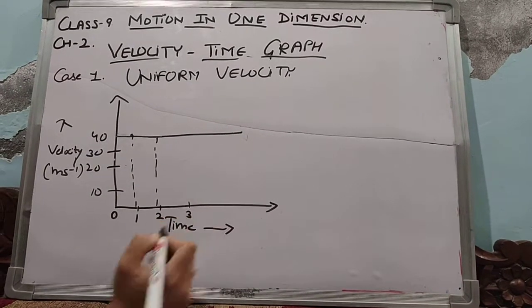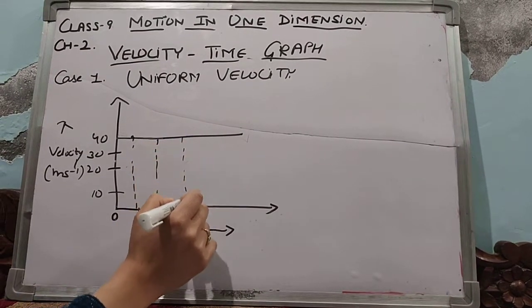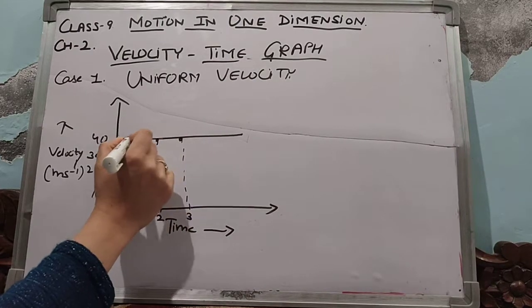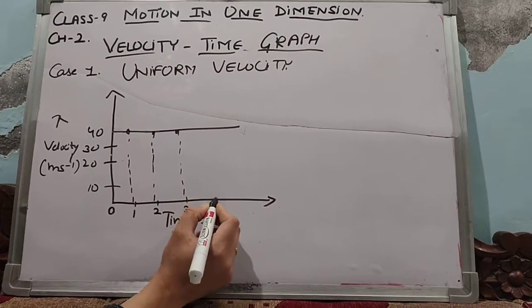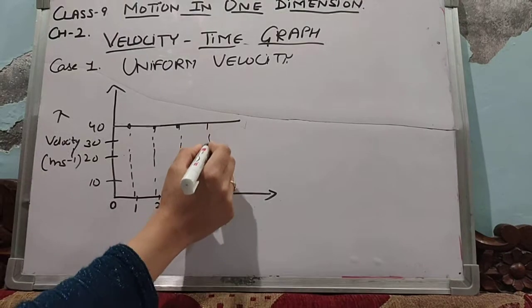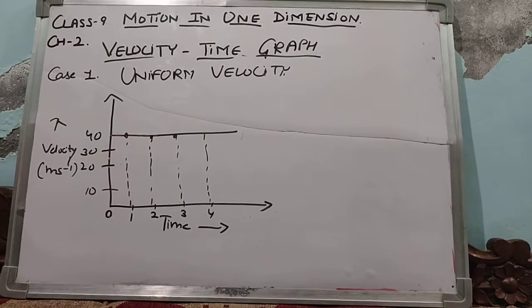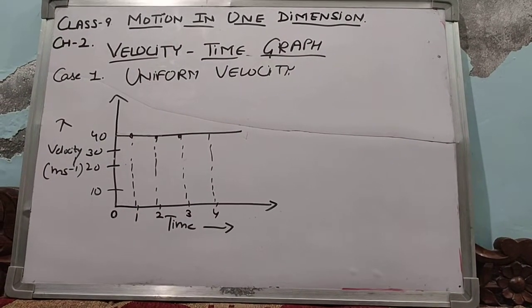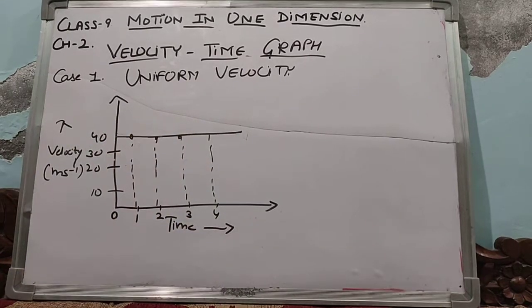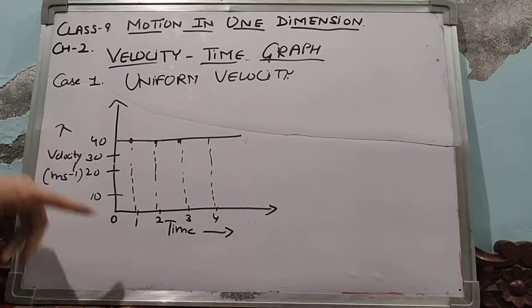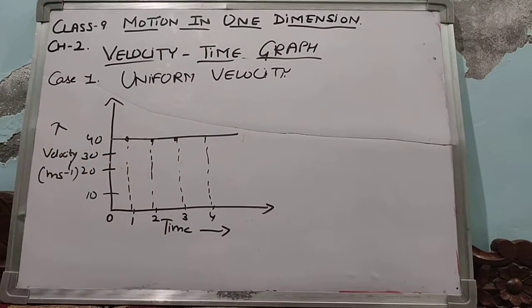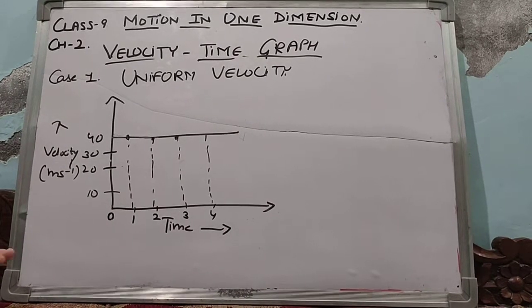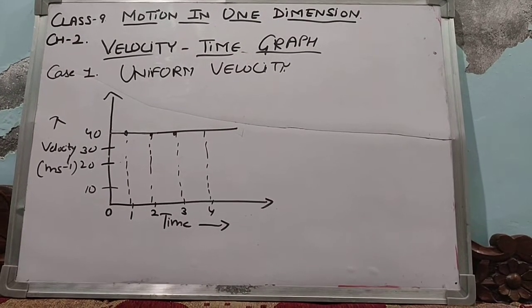For time 3 second, again 40 meter per second. For time 4 second, again 40 meter per second. So when I join the coordinates, it comes out to be a straight line parallel to your time axis. Means the velocity remains constant.